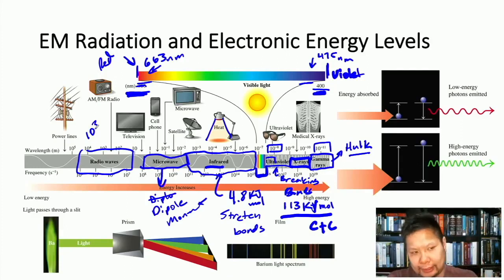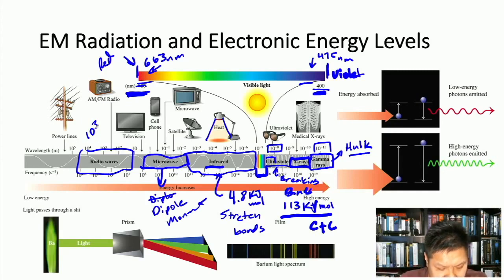That's the basis of using NMR, which is nuclear magnetic resonance, to elucidate the structure of molecules. But more commonly, it's the basis for using MRI, which is magnetic resonance imaging. That's using radio waves. So that's pretty interesting stuff.